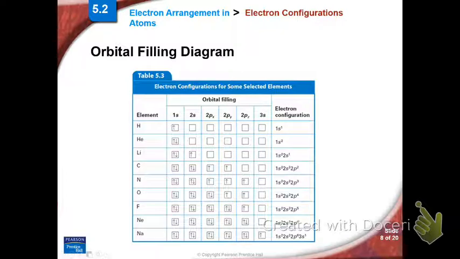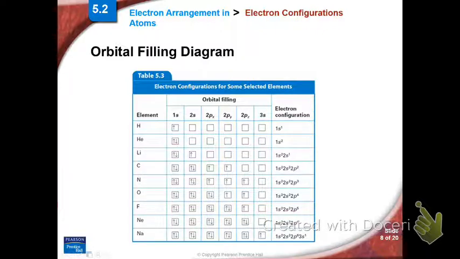Helium, 2 electrons. We have to start at our lowest level. We have to give our spins opposite directions. So the first one clockwise, the second one counterclockwise. We have to fill this lowest energy level before we would start here.